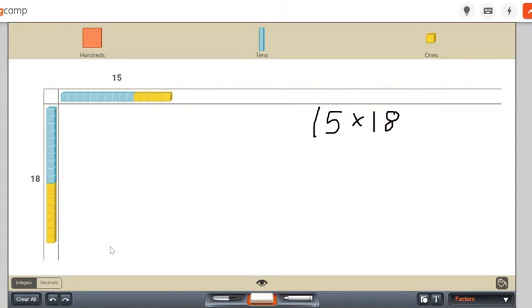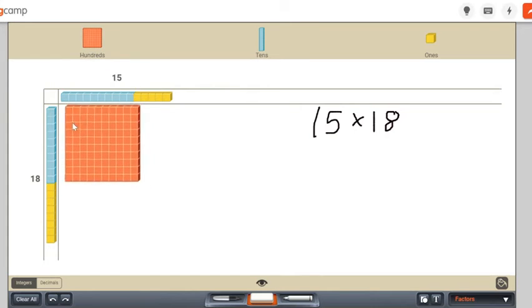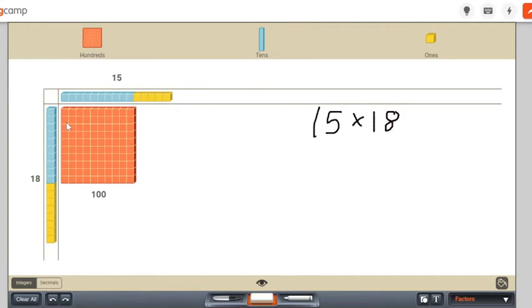Now again, this really shows us that partial products piece because we can see clearly that this is a 10 by 10. We know as teachers 10 by 10 is 100. But now we can easily see it because essentially what we've done is breaking this up 10 and then 5 more.